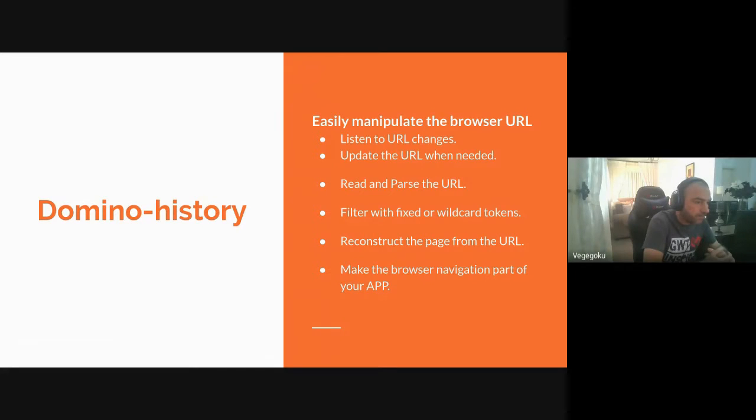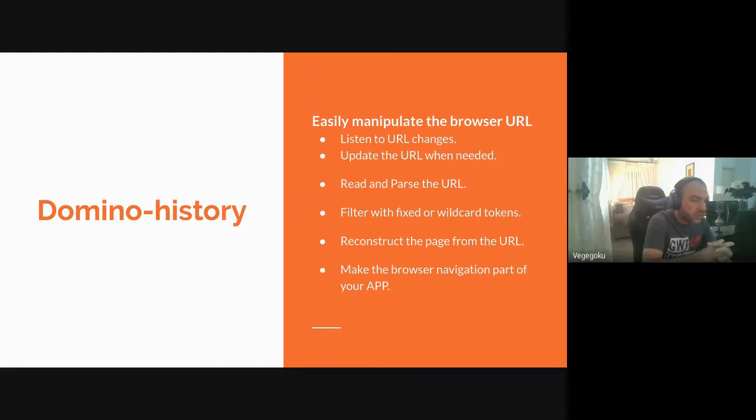In any SPA application, it's important to be able to reconstruct the page from where the user left it. For example, you can take a URL and give it to someone else, he pastes it in his browser, and he will get the same page. He will see the same thing that you were seeing when you shared that URL.